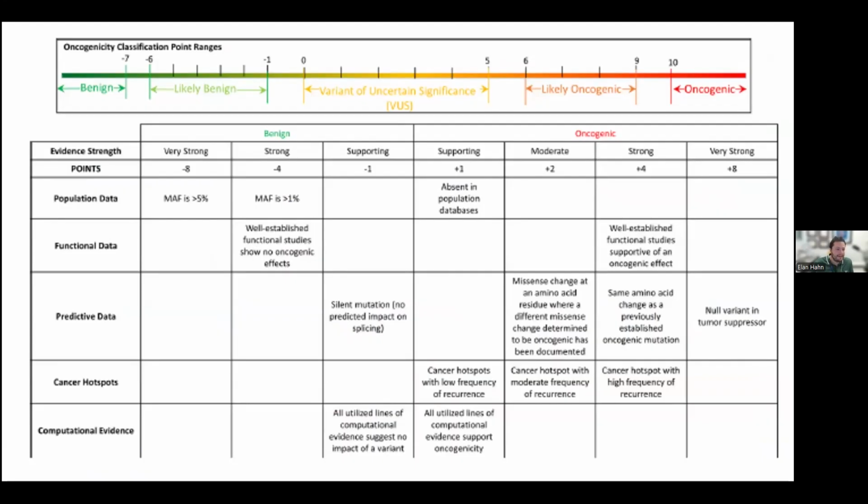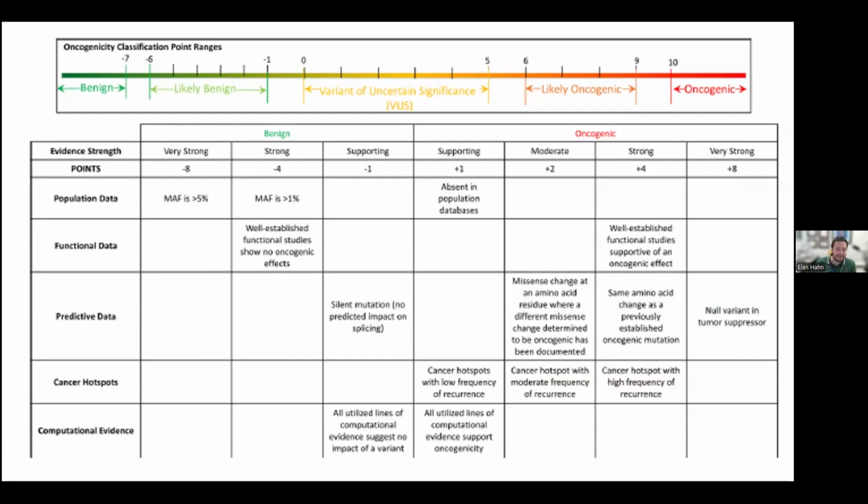And generally thinking about this data, population data is very important. Population data is one of the main theoretical things that we use to determine the oncogenicity of a variant or the functional impact of a variant. Then there are well-established functional studies that we would look for.